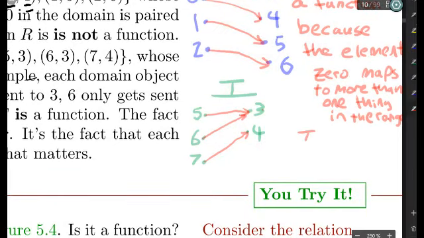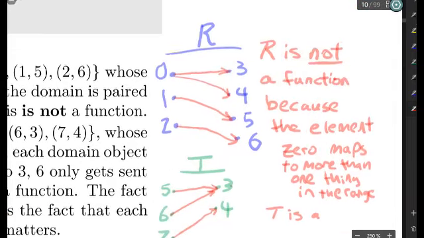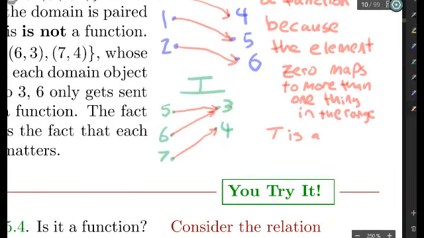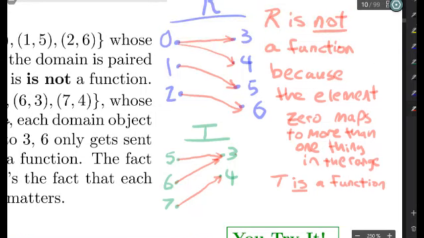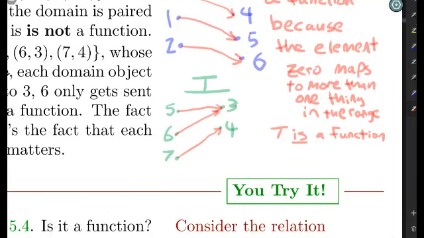So T is a function. Because it's okay for 2 things in the domain to go to 1 thing in the range. It's not okay for 1 thing in the domain to go to 2 things in the range and still be a function. So T is a function.